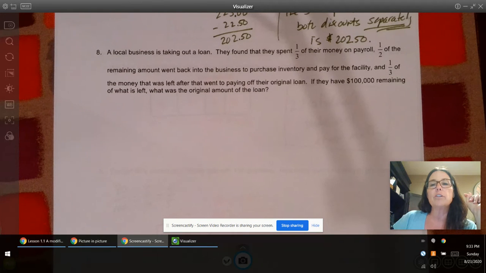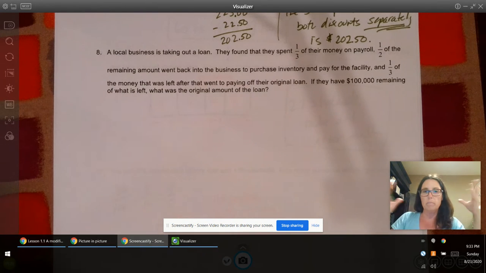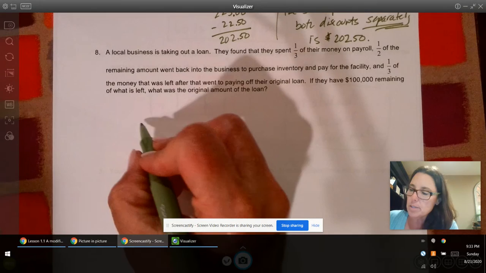If they have $100,000 remaining of what is left, what is the original amount of the loan? Whoa, that's super complicated. I see 100,000 and I see a third and a half, but it's just this big old messy problem to me. So I'm going to start dissecting it.